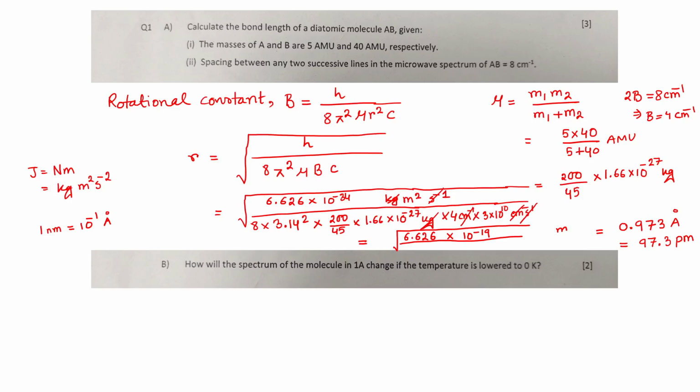So this is done. Now the second part. How will the spectrum of the molecule in 1A change if the temperature is lowered to 0 K? So what would be the maximum population, J max?